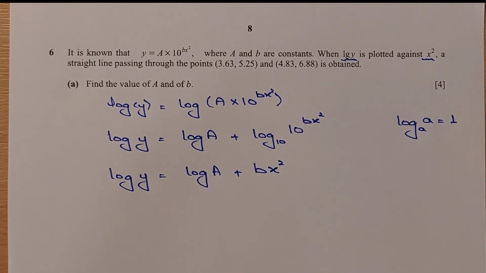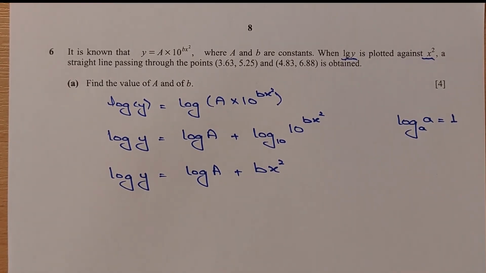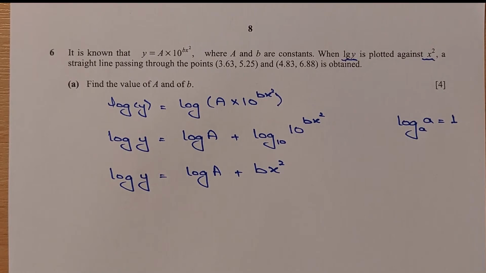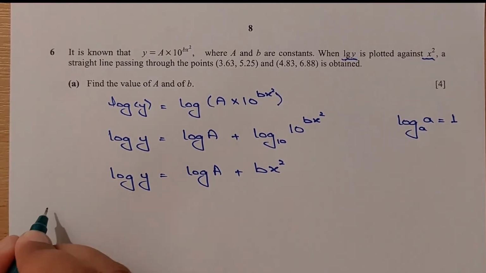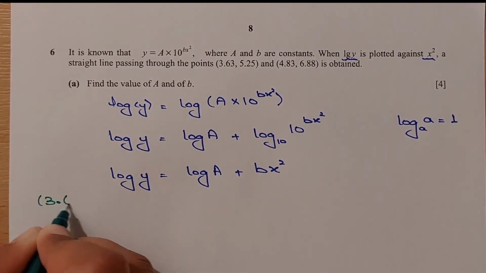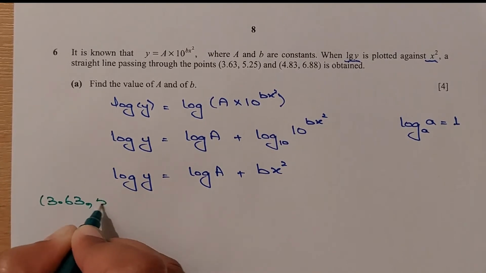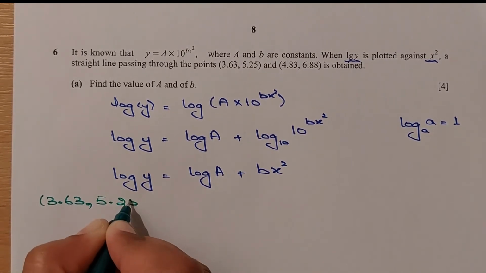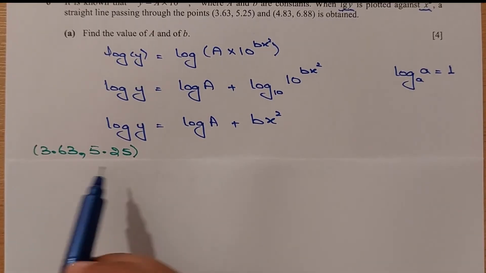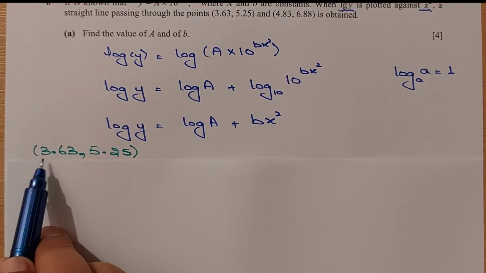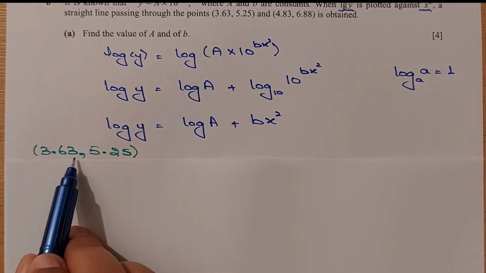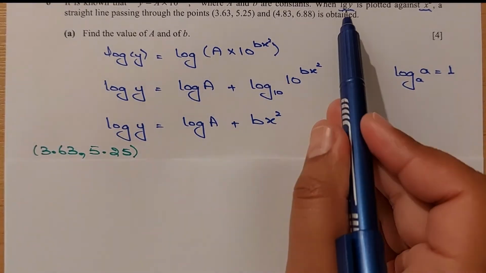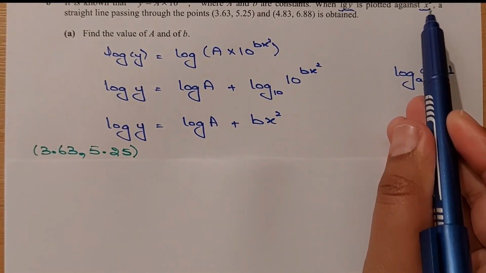Now it passes through this point and this point. First we substitute the first point, then the second point, and then solve the equations for the values of a and b. Putting the first point, that is 3.63 and 5.25, this is the x square term and this is the log y term, because log y is plotted against x square.